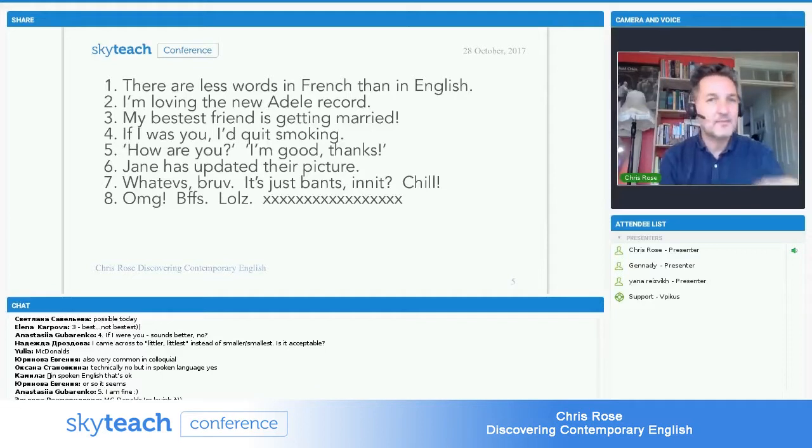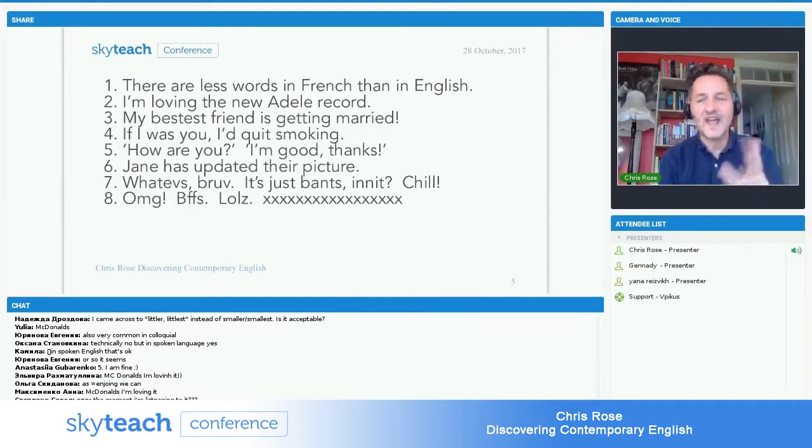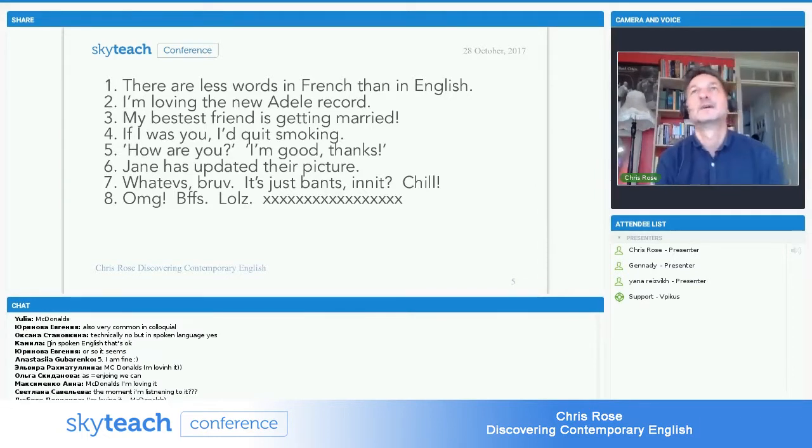And now in contemporary English, that difference between state and action verbs is largely disappearing. So you can be loving something, you can be feeling something, you can be hurting. And again, this is a language change that I'm largely in favour of. Why not?